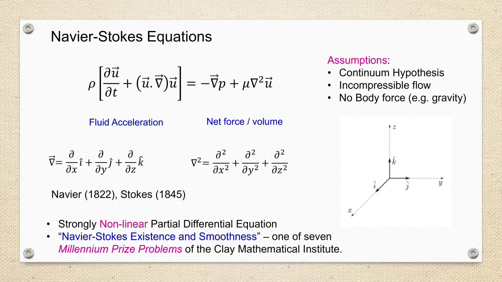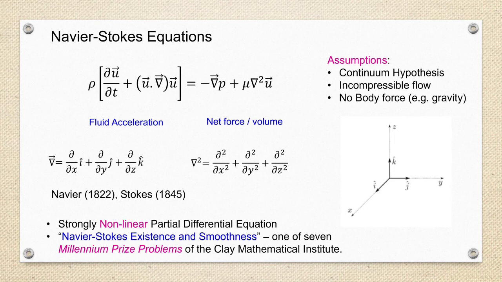Now these equations were proposed in the mid 19th century by Navier and Stokes. Now this is a strongly nonlinear differential equation, and actually this is one of the 7 Millennium Prize problems, to basically prove the existence and smoothness of the solutions of the Navier-Stokes equations.